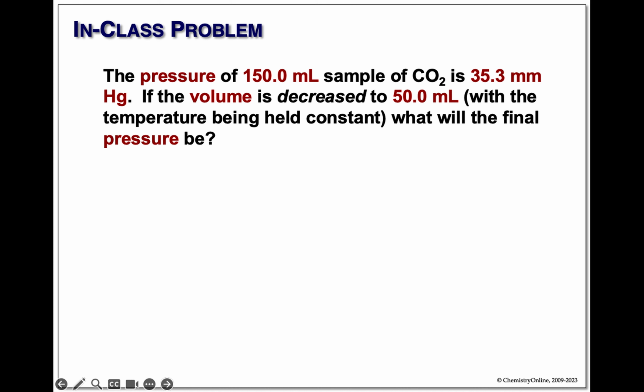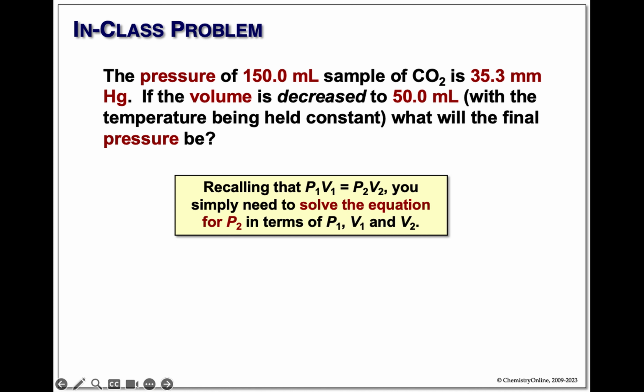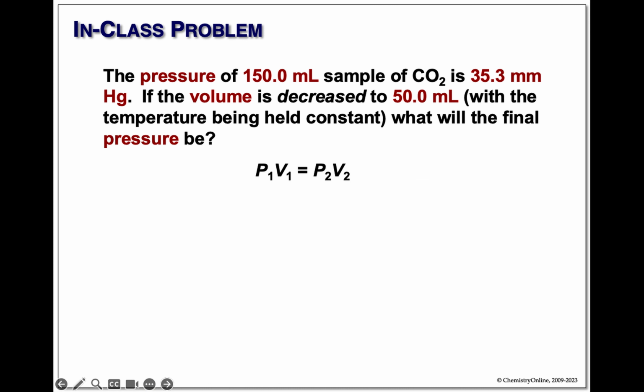So, again, it's a Boyle's Law, P1, V1, P2, V2. We're looking for the final pressure, that's P2. We will take this expression, solve for P2. Boyle's Law. P2 is going to be P1V1 over V2.